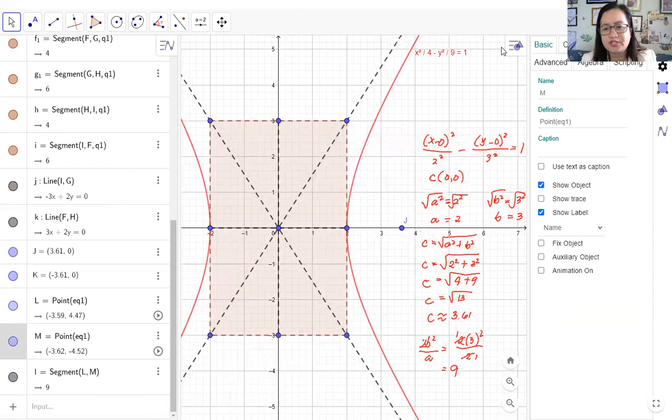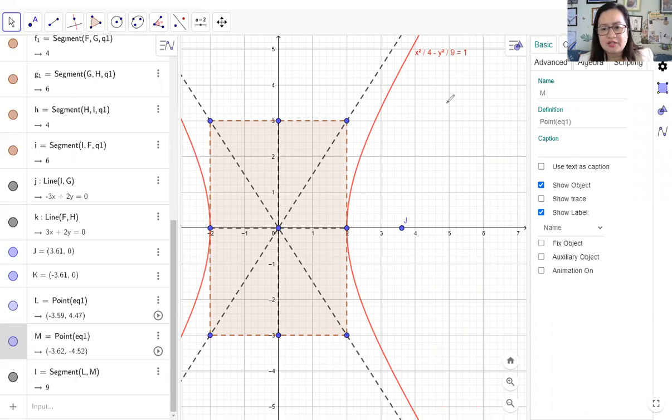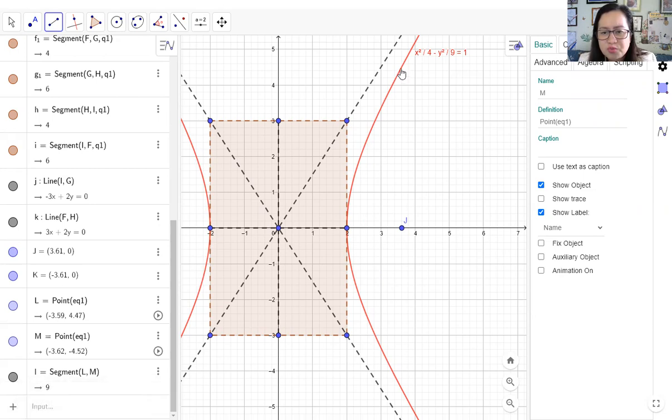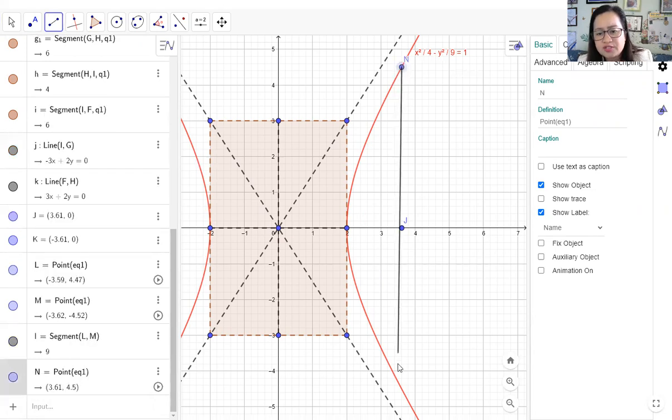I'll clear first the annotation so that we can clearly see the graph. Then we can construct a segment connecting 2 points on the graph. Take a look at this.